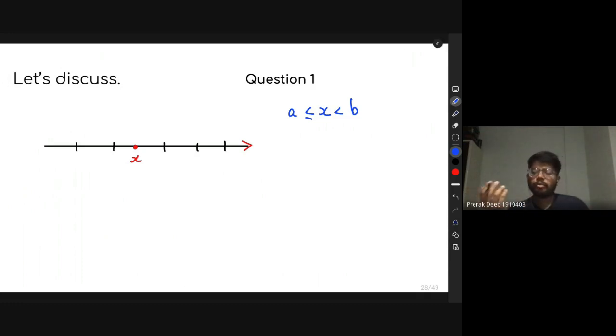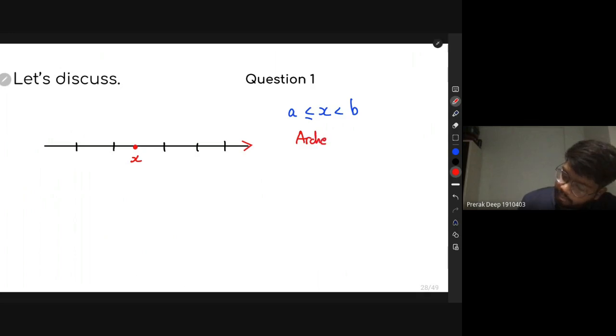You can always find an integer which is larger than it, and this is because of the Archimedean property of real numbers.